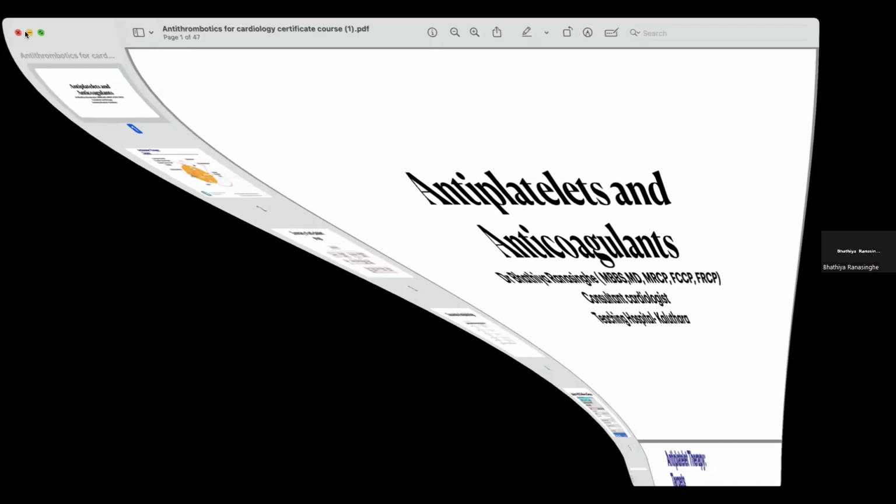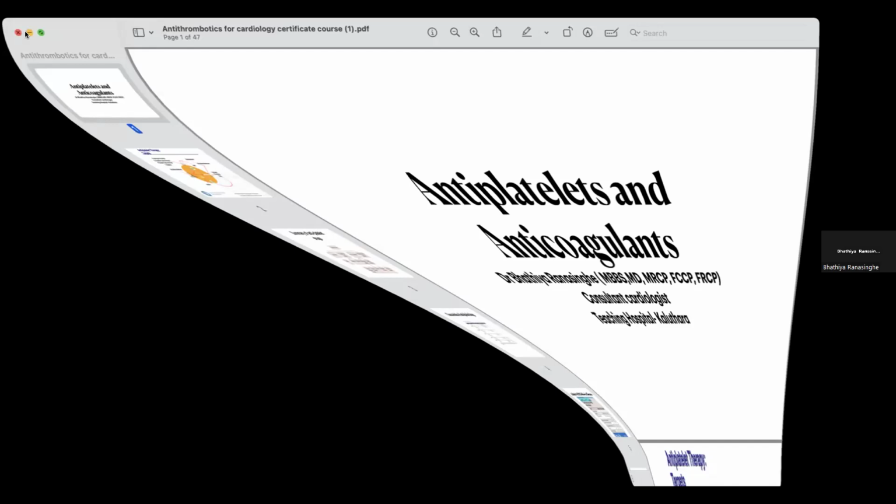Now, it's very important because antiplatelets act on different receptors and different pathways on platelets. So as you know, aspirin is the commonest antiplatelet we use day to day, which blocks the COX pathway. And there are antiplatelets like clopidogrel, prasugrel, and ticagrelor.